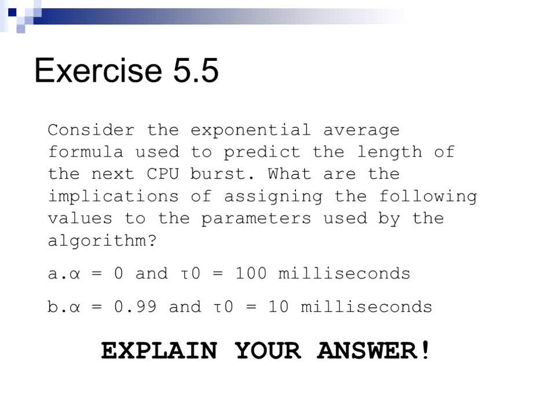This says, consider the exponential average formula used to predict the length of the next CPU burst. What are the implications of assigning the following values to the parameters used by the algorithm? Again, here it's using the Greek letters, where I changed them to things I could type easily on my slide. But here you have to assume that the A is 0 and the estimate is 100 milliseconds. And here you estimate that A is 0.99 and the estimate is 10 milliseconds.